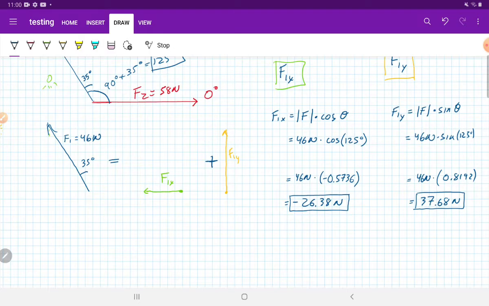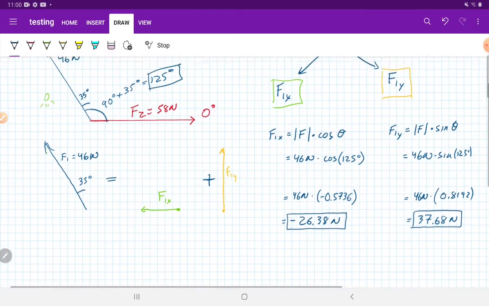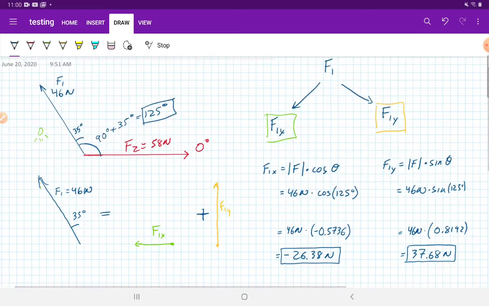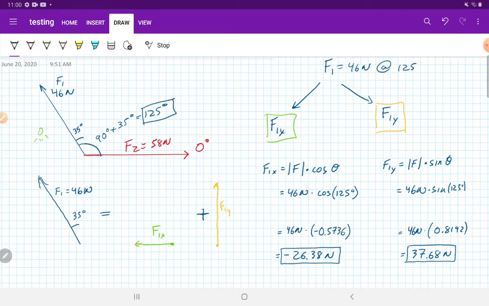Okay. So, what does this mean? So this is the math. That's how you do the numbers. You should know a bit of the meaning. It means that if I start off with a force 1, which is equal to 46 newtons at 125 degrees, that is equivalent to this force, plus this force, right?